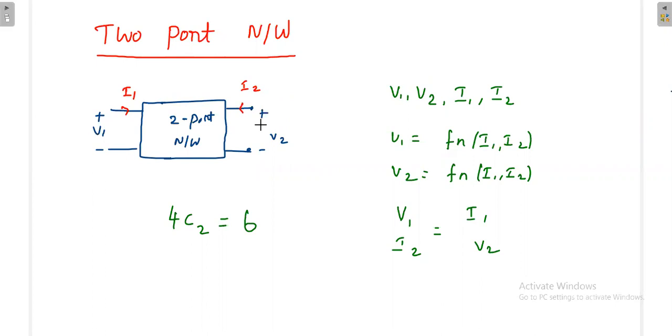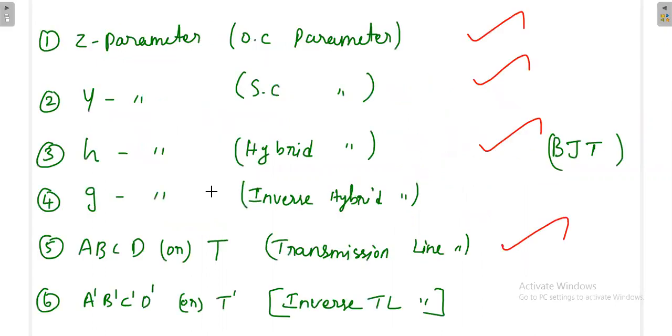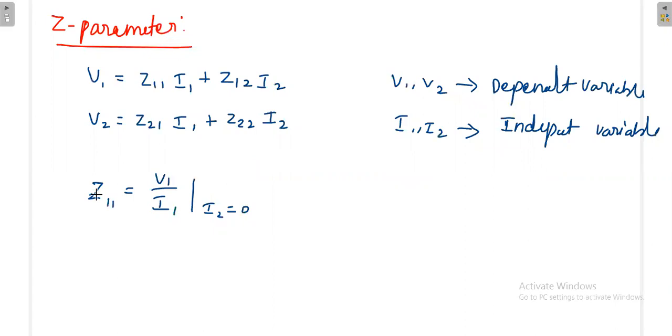Once you remove that load, this terminal will act as an open circuit. Then the value of the current I2 is 0. So you are doing the open circuit for terminal 2, then you can calculate Z11, that is V1 by I1. And the unit of this one is simply ohm.